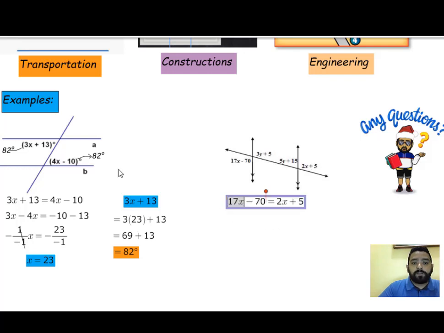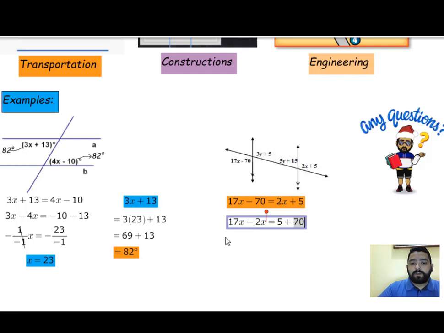So now what do we have to do? We need to work with linear equations. It's going to be 17x, and this positive 2x, using the transposition of terms or the inverse operation, we move as a negative, and then plus 5. Remember, we keep the positive because we arrange in the same position, not after or before the equal sign. And this negative 70 we pass to positive.